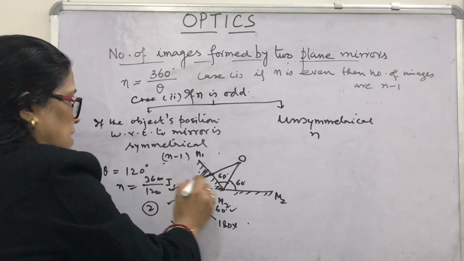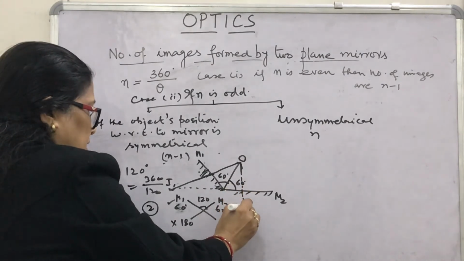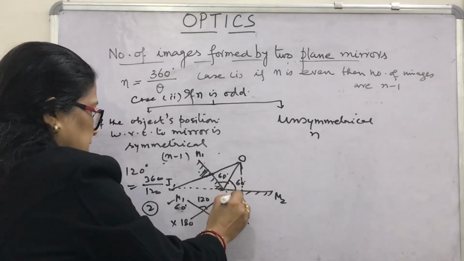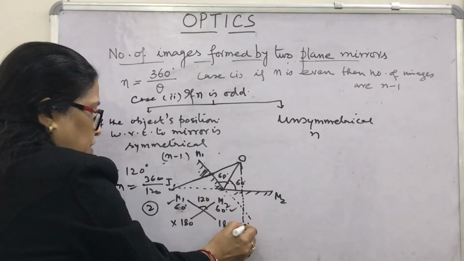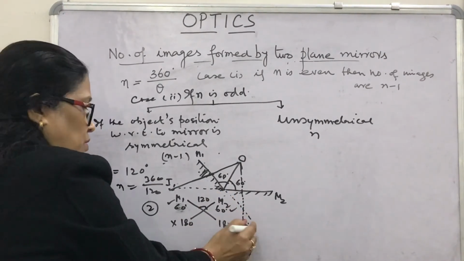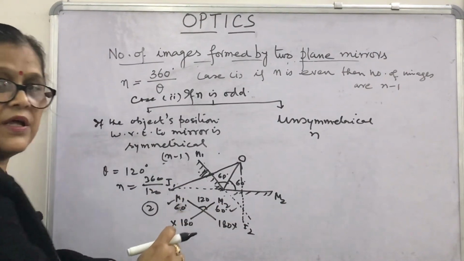This is I1. Similarly for I2, the distance is the same and the extended mirror will be here, so this position of I2 will be behind the mirror, so no image will be formed. Only I1 and I2 will be seen, as I have shown here.